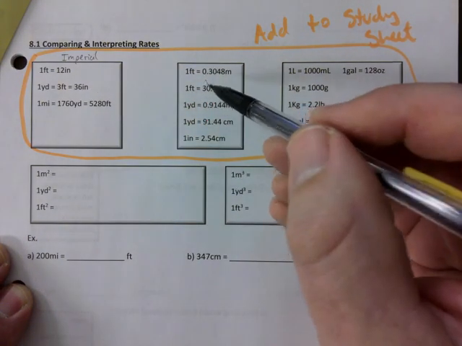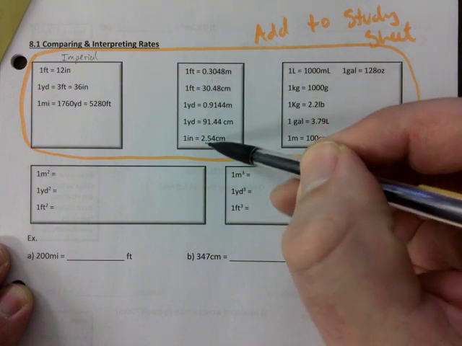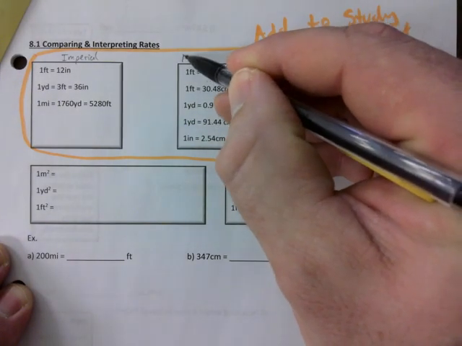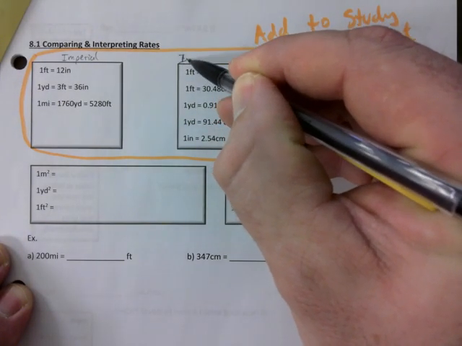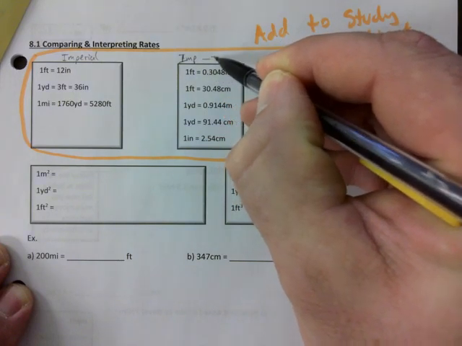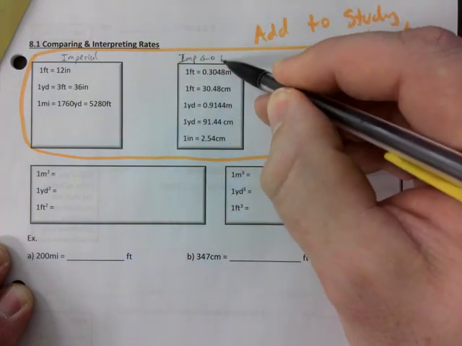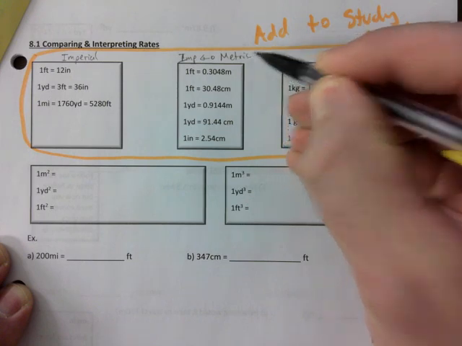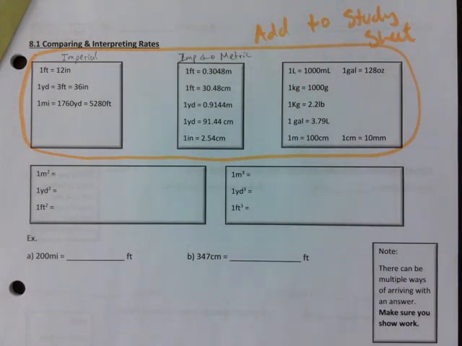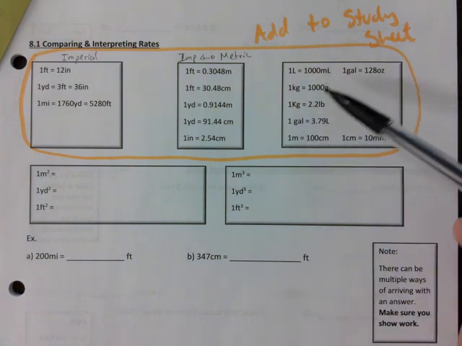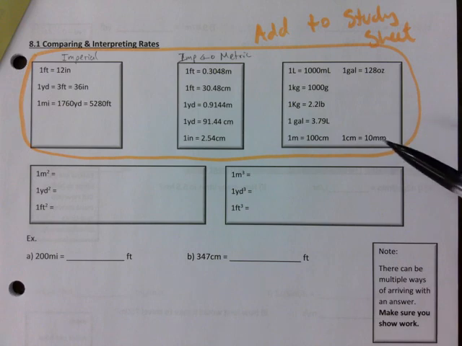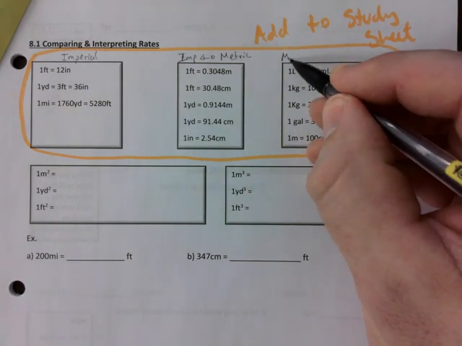And here, in this middle one, you're going from imperial to metric and vice versa. And then these ones I call miscellaneous. This is more like mass and volume.